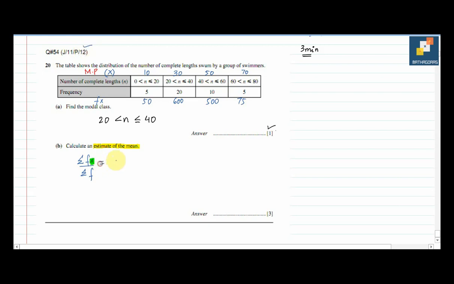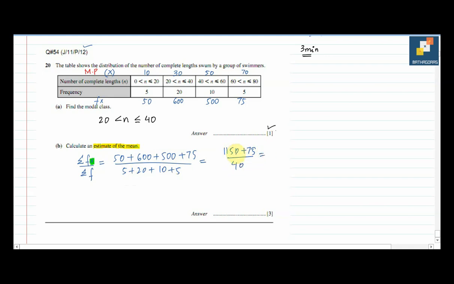So now the summation of fx is 50 plus 600 plus 500 plus 75 divided by the summation of frequency, which is 5 plus 20 plus 10 plus 5. It sums up to 600 plus 500 is 1100. 1100 plus 50 is 1150 plus 75, divided by 25, 30 and then 40.